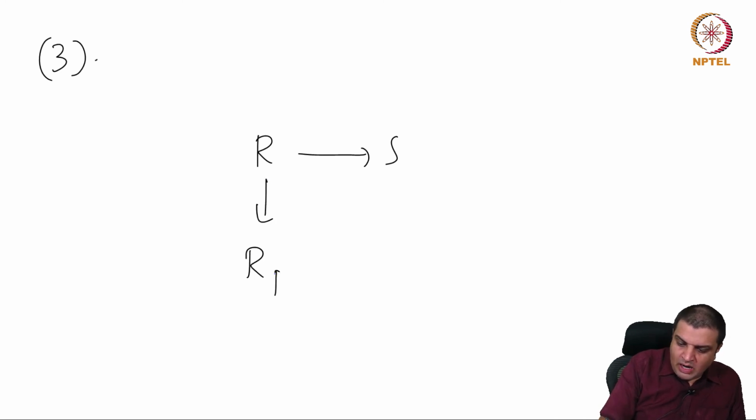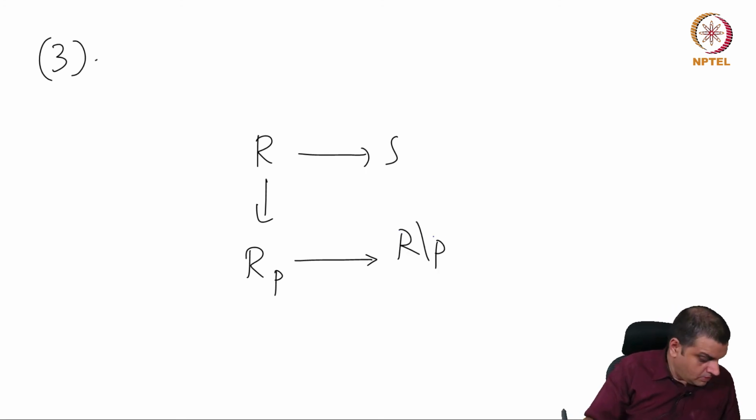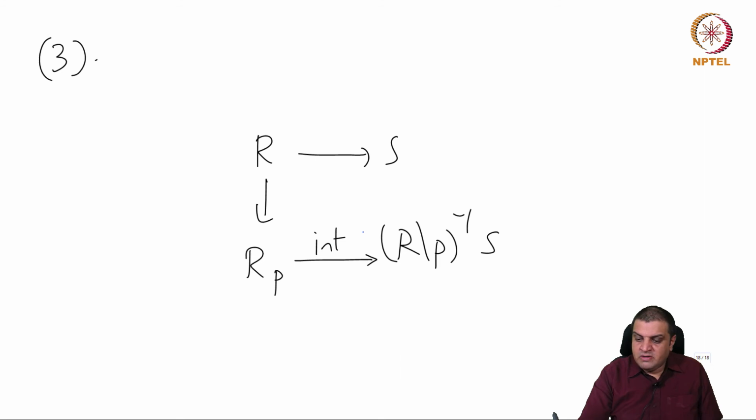Now again we have R to S, and then we have a map to R_P, to again the same ring, R minus P inverse S. This is again integral, and we observed that a maximal ideal here can only contract to a maximal ideal here.